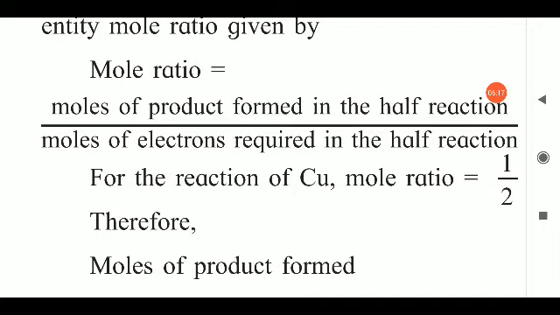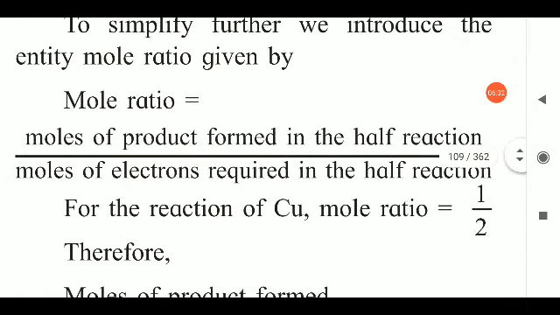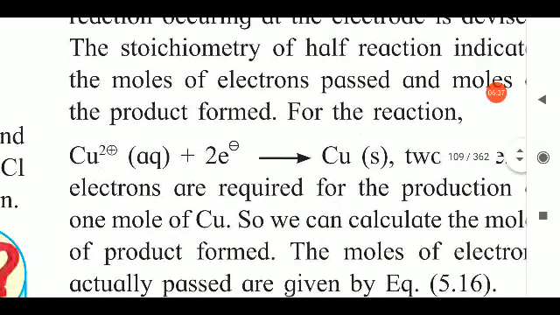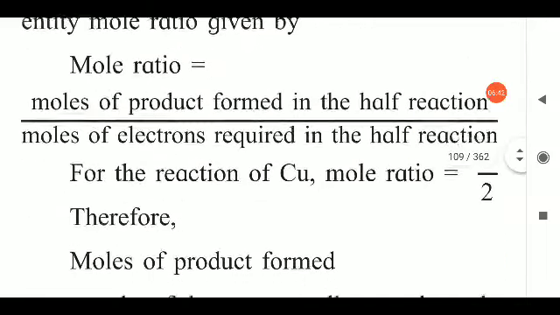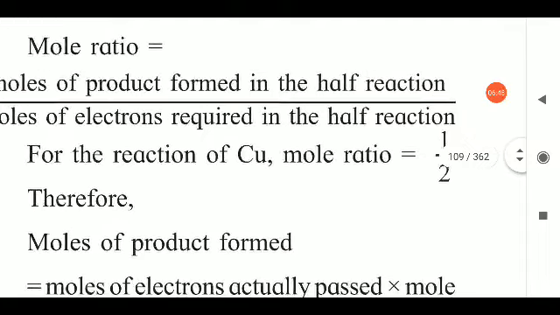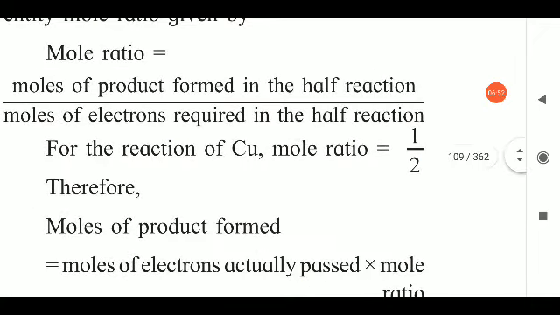Why 1 by 2? Because the moles of product formed in the half reaction, look at this reaction, copper is formed in number 1, so the moles of product formed are 1. The electrons required to form stable solid copper are 2, so we use 2 in the denominator. So the mole ratio becomes 1 by 2.